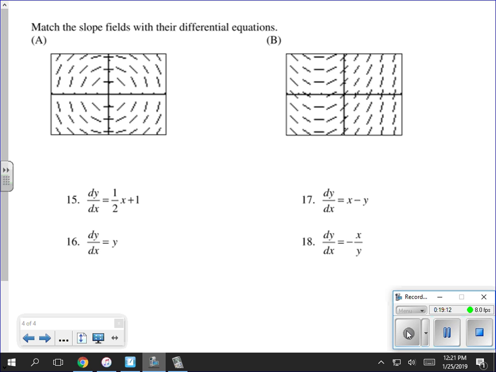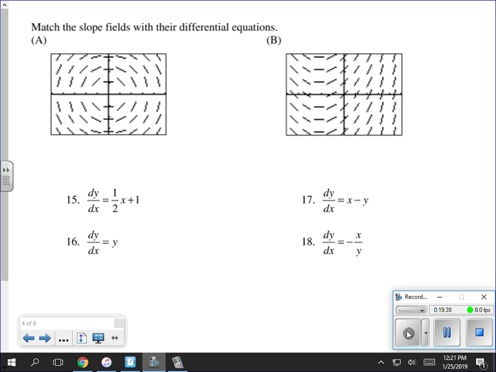And if I look at the slope field, you'll notice that every time the x and y coordinates are equal, I have a slope of -1. Every time the x and y are opposite each other, I have a slope of +1. So on one diagonal, I have a slope of -1, and on the other, a slope of +1.